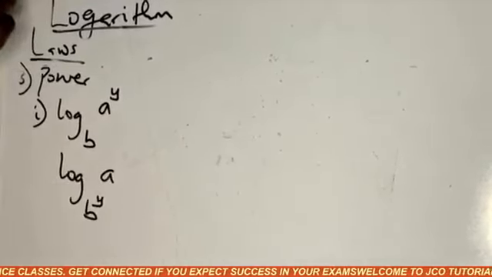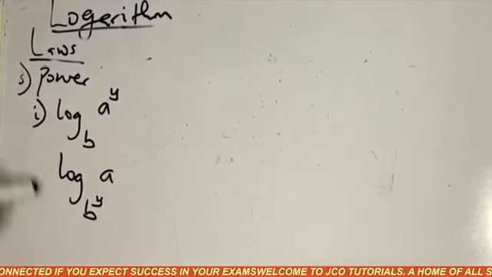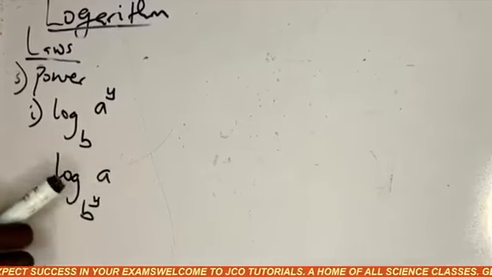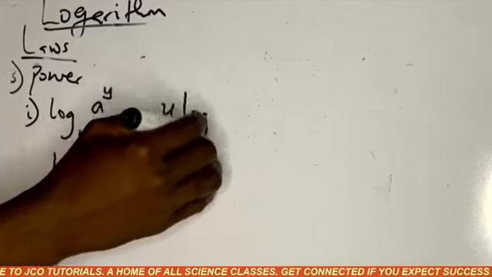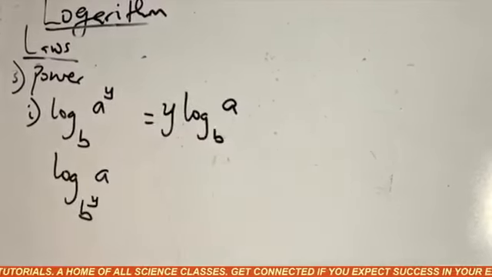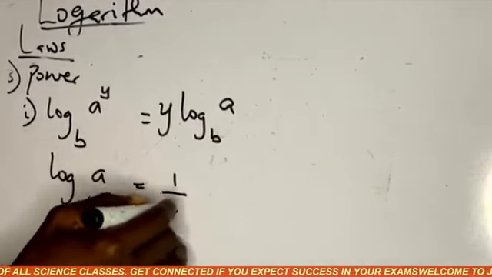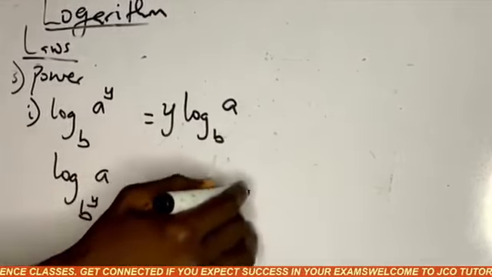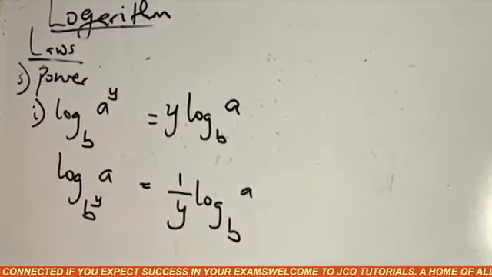So this is log a raised to power y base b, and this is log a base b raised to power y. Then the power will go to the front in both cases. But here's the difference. When this power goes to the front, it becomes a numerator, y log a base b. But when this power goes to the front, it becomes a denominator, 1 over y log a base b. So note the unique difference.